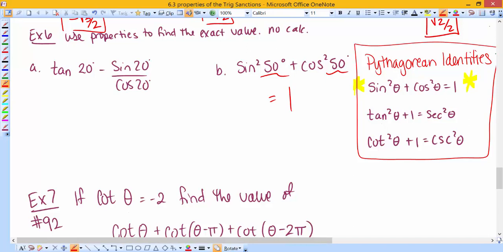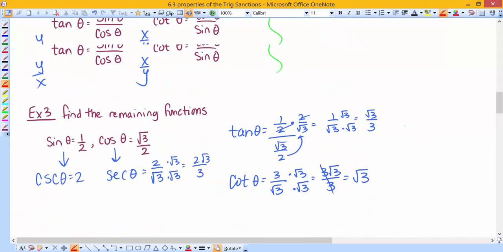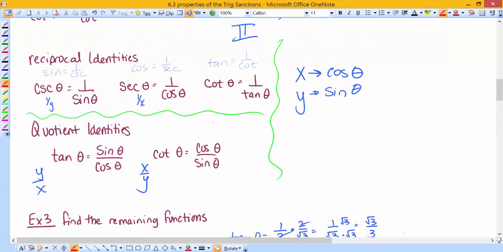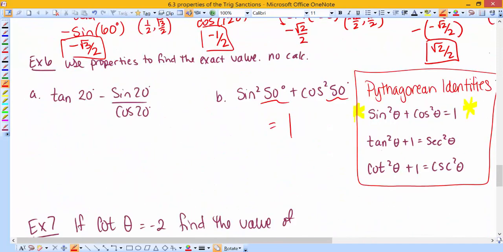Now here, tangent of 20 minus sine 20 over cosine 20. Well, if I remember from the reciprocal identities and the quotient identities, sine over cosine is tangent. So I'm going to come back here. Sine over cosine. Oh, so that piece right there is tangent of 20.